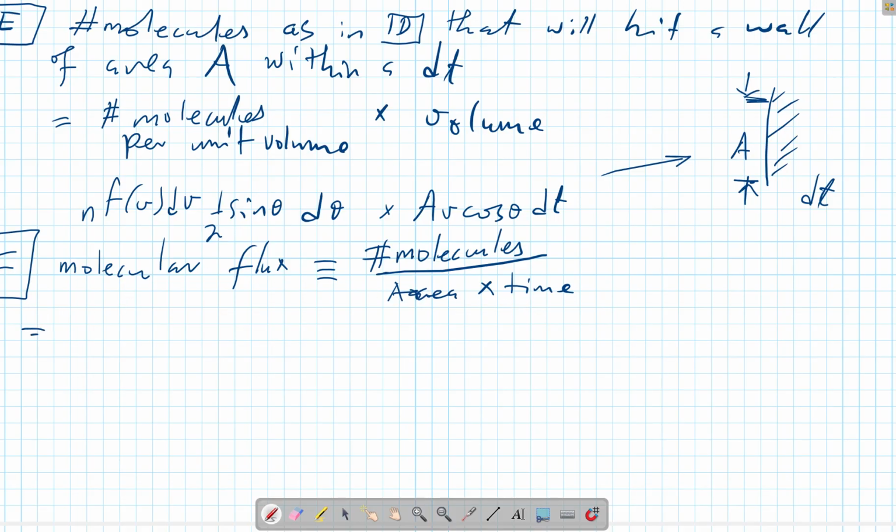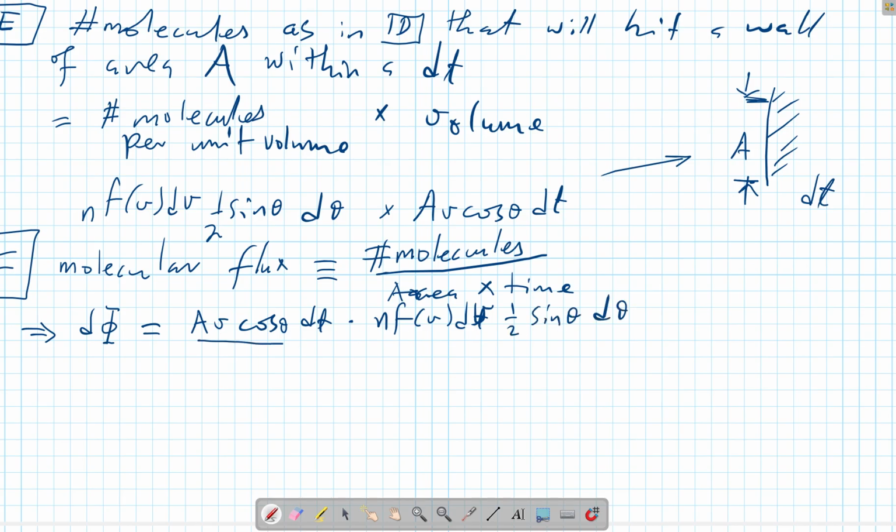With this one can see that we have an elemental flux of molecules. We call that elemental flux d phi. So phi is the molecular flux, and d phi is the answer we derived in point E, which is v cos theta dt as the volume times the number per unit volume, f of v dv 1 over 2 sine theta d theta.